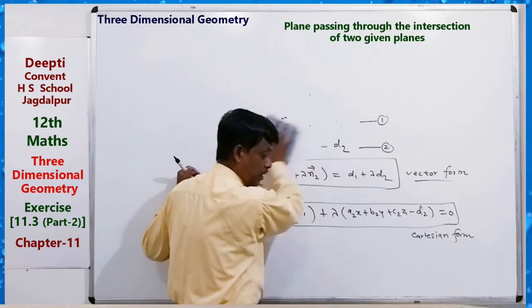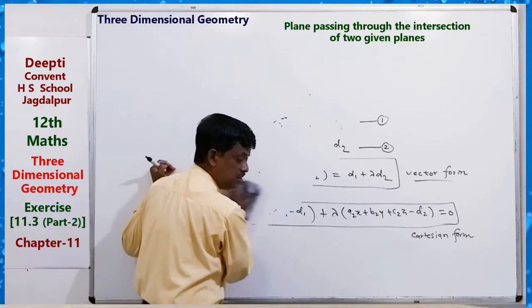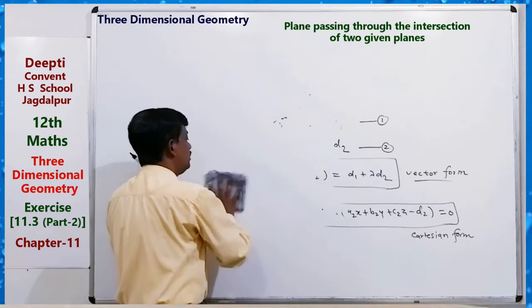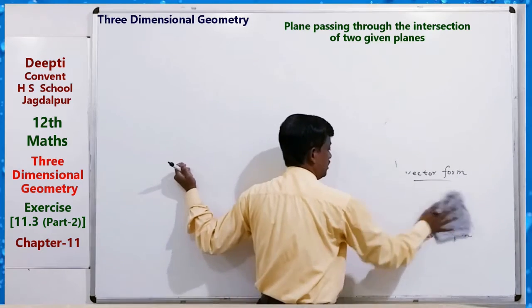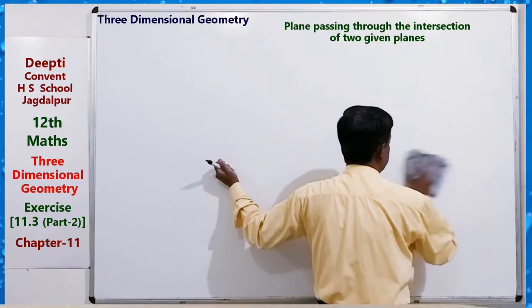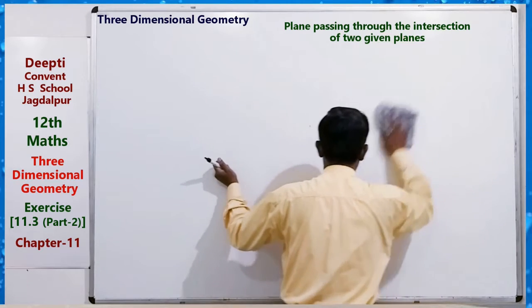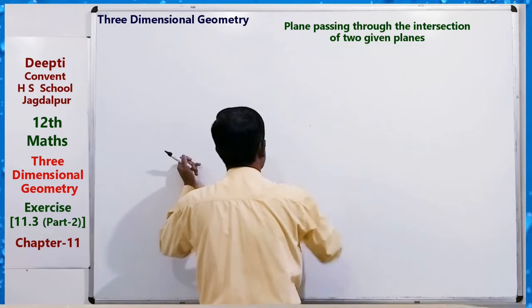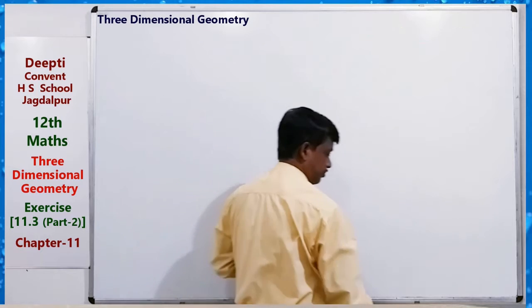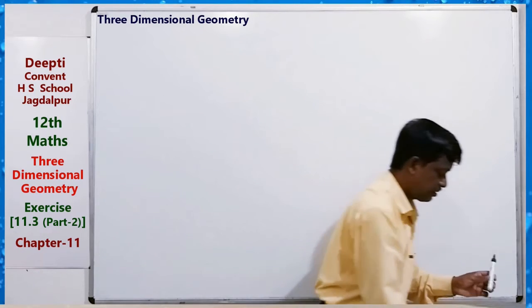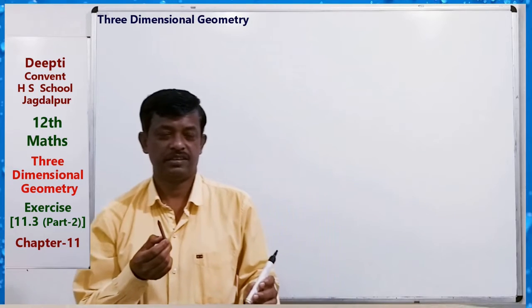Now coplanarity of two lines. We know in 3D it is not necessary that two lines are always coplanar. Just like this. Suppose we have a line, this.